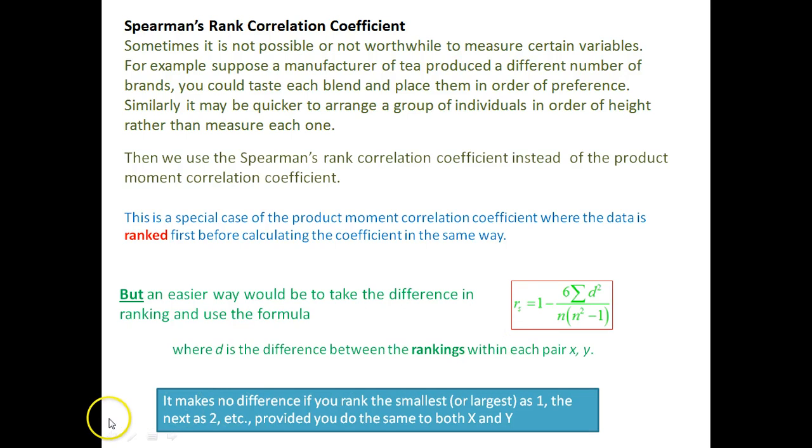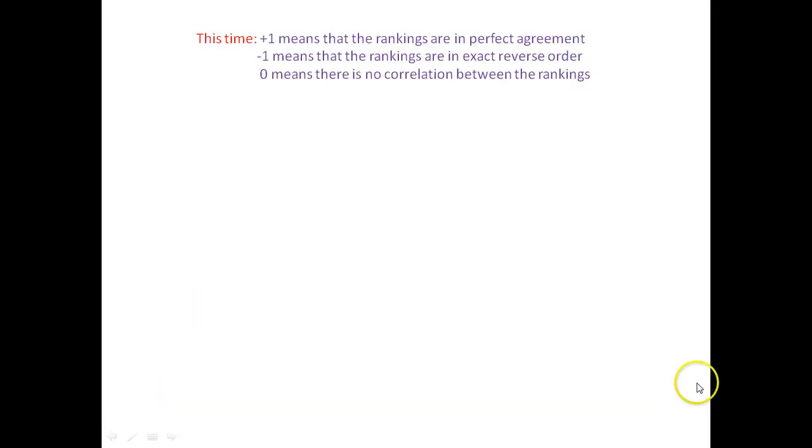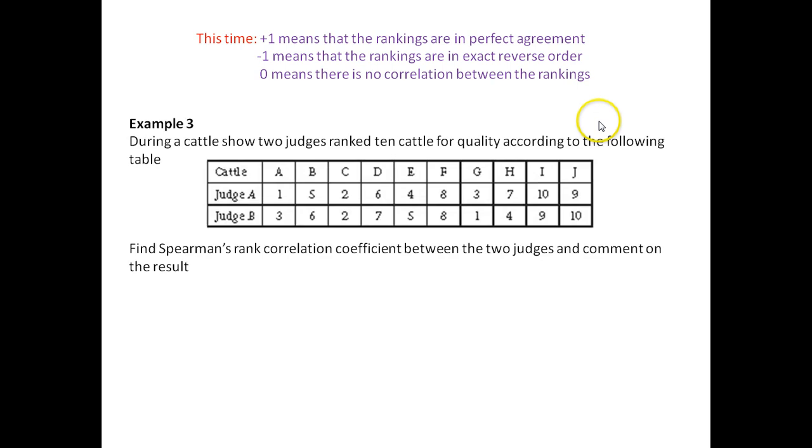It makes no difference if you rank the smallest or largest as 1, the next as 2, etc., provided you do the same to both the x and the y. This time, plus 1 means that the rankings are in perfect agreement. Minus 1 means the rankings are in exact reverse order, and 0 means there's no correlation between the rankings. Remember, we're talking about ranked data now.